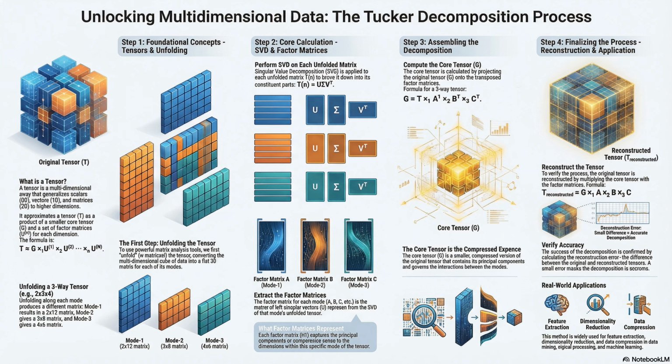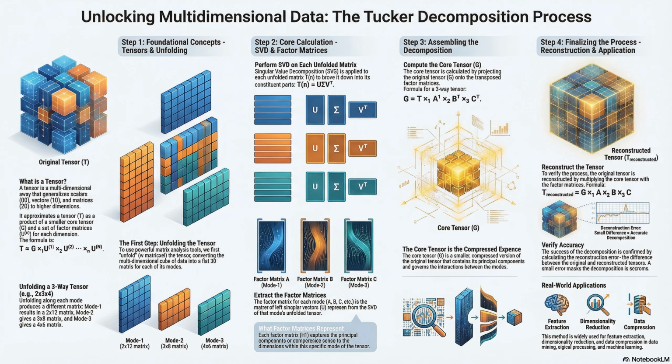Okay, let's focus on that. The rows of the new matrix always correspond exactly to the dimension of the mode you chose, In. Always. And all the other dimensions are just multiplied together, flattened out to form the columns. We can use the source's example to make this really concrete. Use a simple three-way tensor T that is, let's say, 2 by 3 by 4, 24 elements in total. Okay, let's start with mode 1 unfolding, T sub 1.